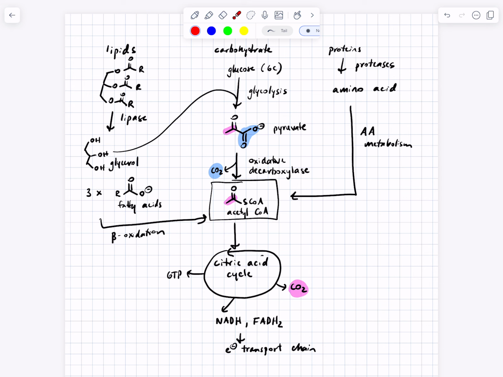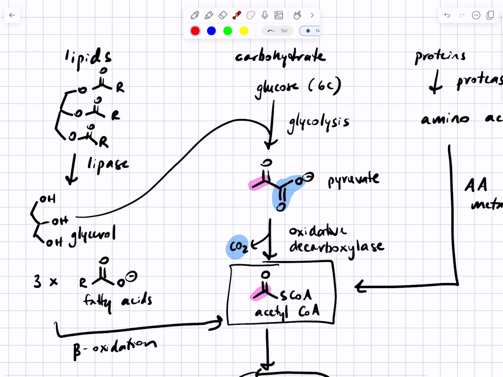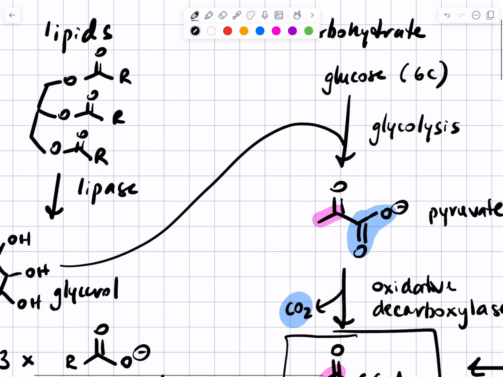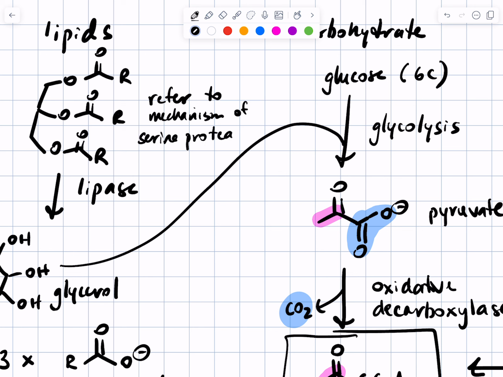First, when it comes to lipid hydrolysis of these esters, I'm going to refer you back. The text doesn't have this, but I'm going to refer you to the mechanism of serine proteases hydrolyzing amide bonds.